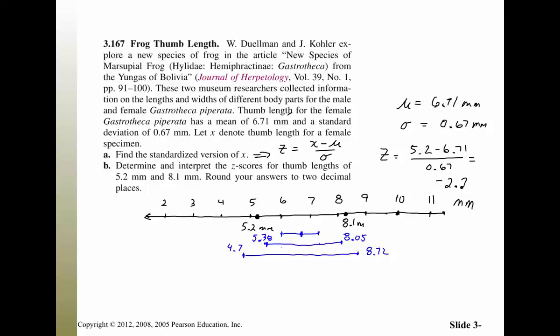Okay, so what could that mean? Negative 2.2. Look at that 5.2, where it lies in the scheme of things. What does that number mean? Can anybody recognize what that number is telling us? Negative 2.2 what? Negative 2.2 what below the mean?